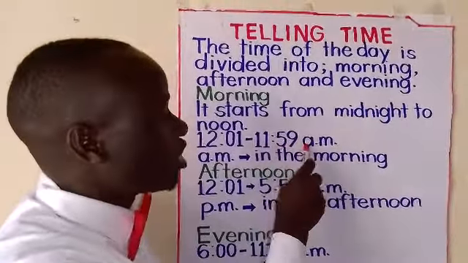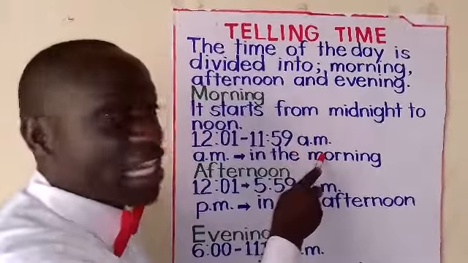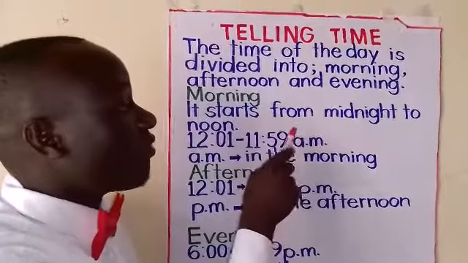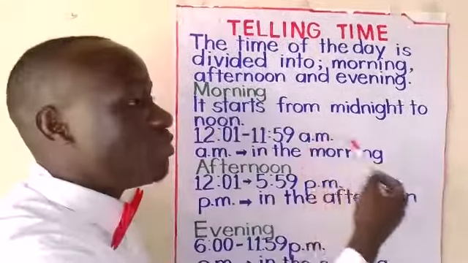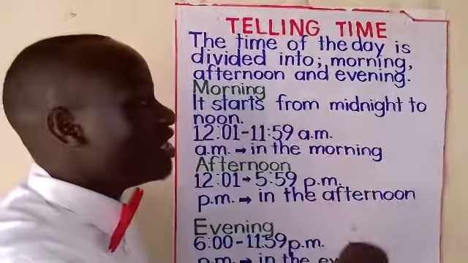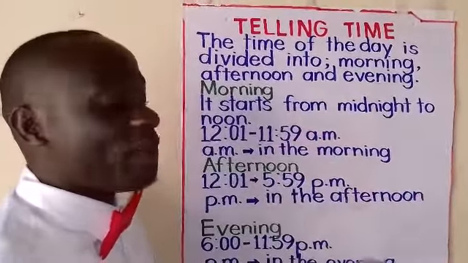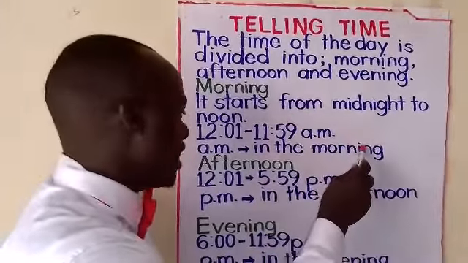This abbreviation A.M. stands for in the morning, and it is derived from the Latin abbreviation ante meridiem. Ante means before, and meridiem means midday. So the English meaning of ante meridiem is in the morning.